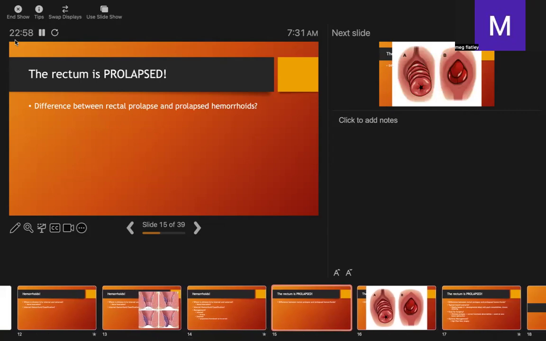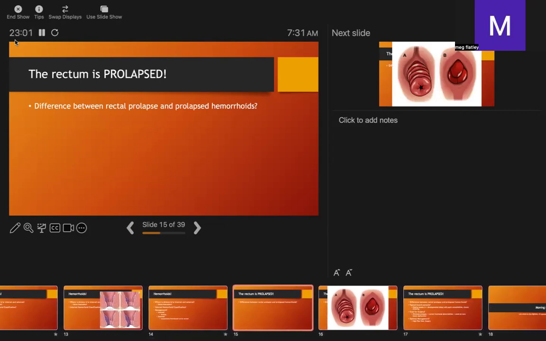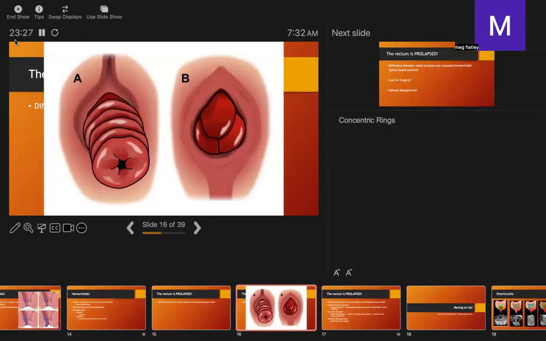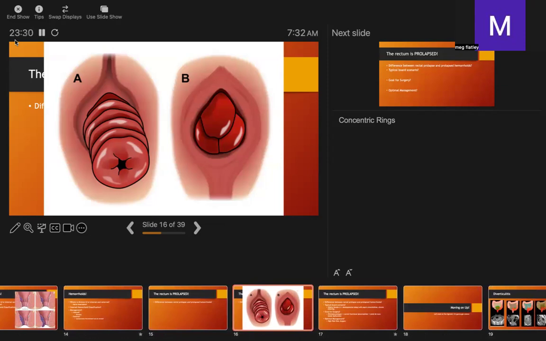Okay, the rectum is prolapsed. What do you do for a prolapse? What does a prolapsed rectum look like? The typical thing is going to be concentric rings, and you will probably get a picture of this, because I think 2 years ago we got a picture of a prolapsed rectum. Remember the concentric rings, okay?